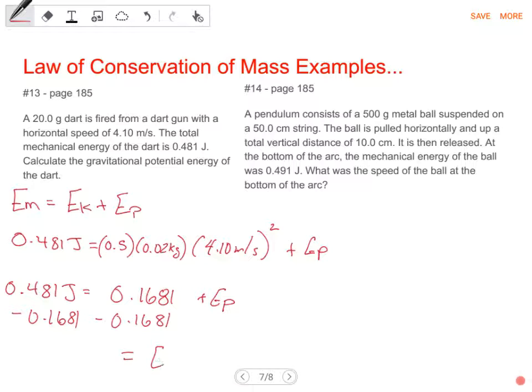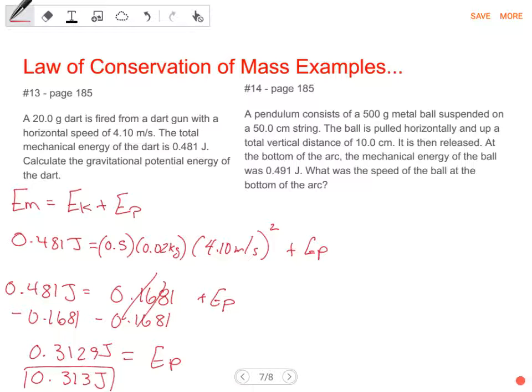That's going to give us EP. 0.481 subtract 0.1681 gives you 0.3129 joules. I believe we need to have this in 3 significant digits, so that should be 0.313 joules.